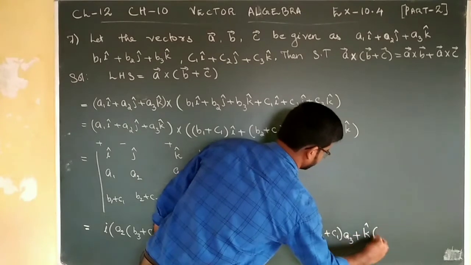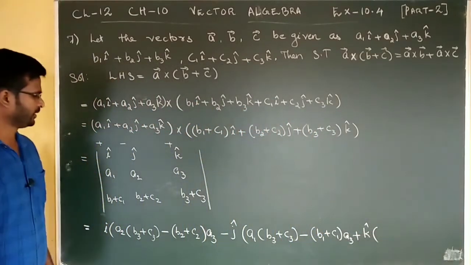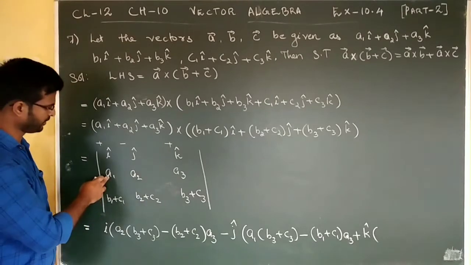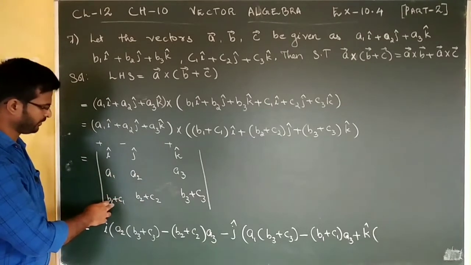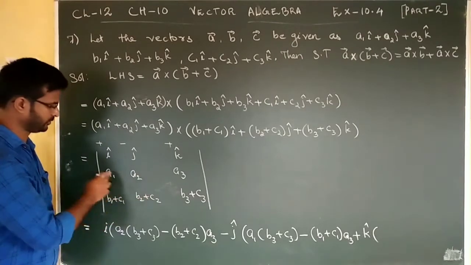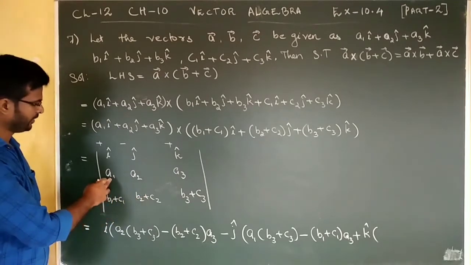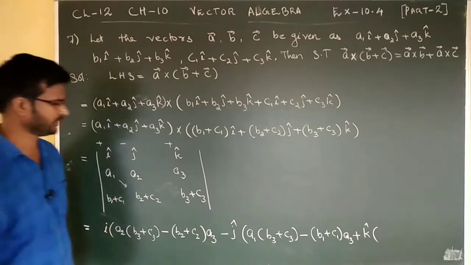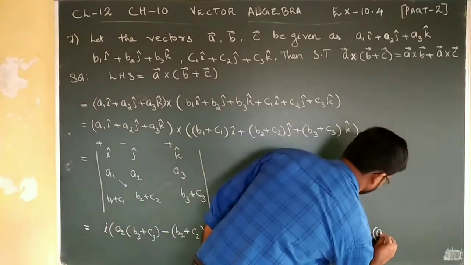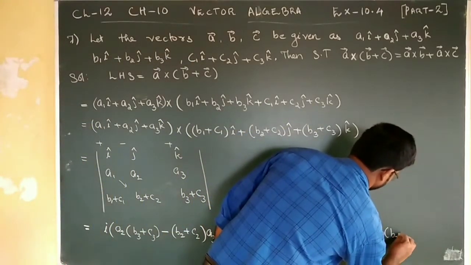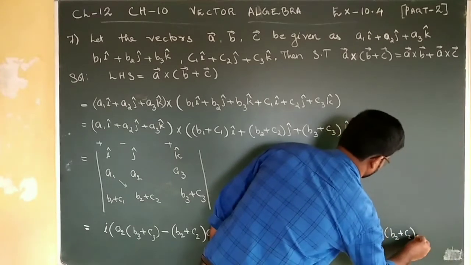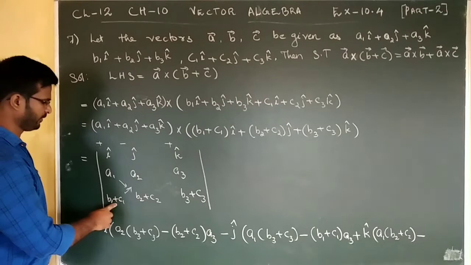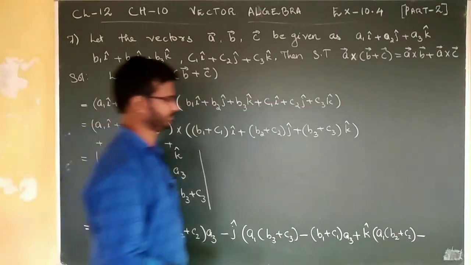K vector into, we leave first row and third column, then remaining A1, A2, B1 plus C1, B2 plus C2. These two we can take cross product: A1 into B2 plus C2 minus this B1 plus C1 into A2.